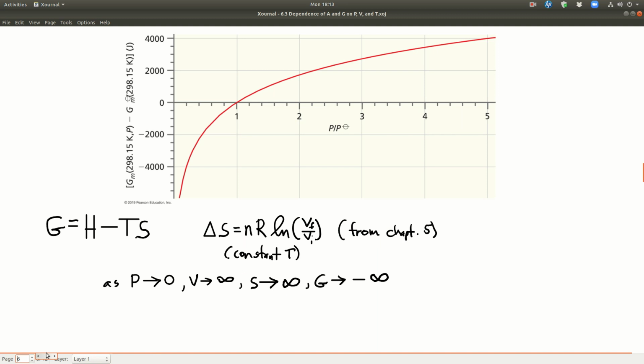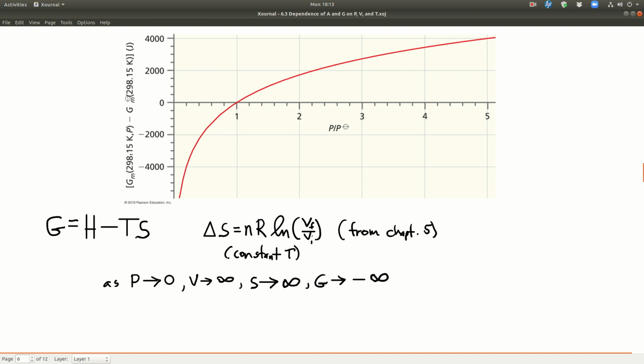This graph shows what happens to the Gibbs energy as the pressure changes. This axis here is the pressure over 1 bar, so the pressure without any units.